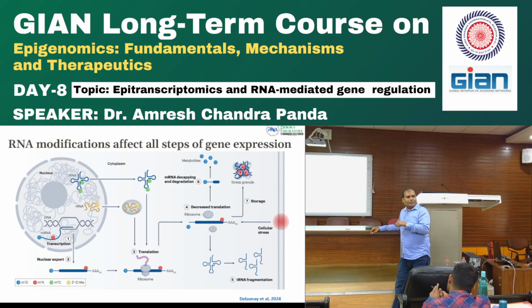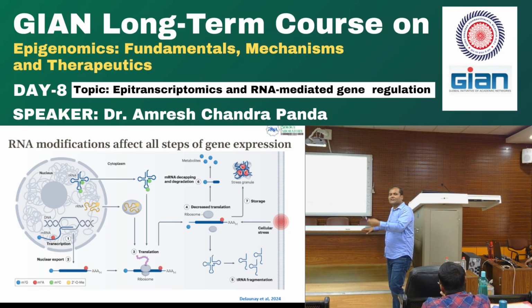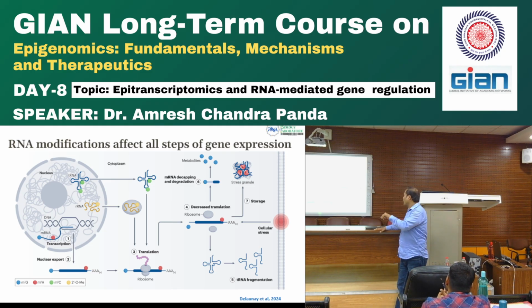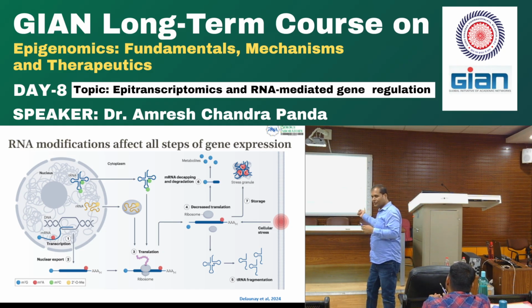So starting from the transcription, like we have discussed, once the RNA is transcribed, the cap is the first modification. Then you have splicing, you have poly A tailing, you have other modifications that lead to export of RNA to the cytoplasm, and these M6A and pseudouridine.